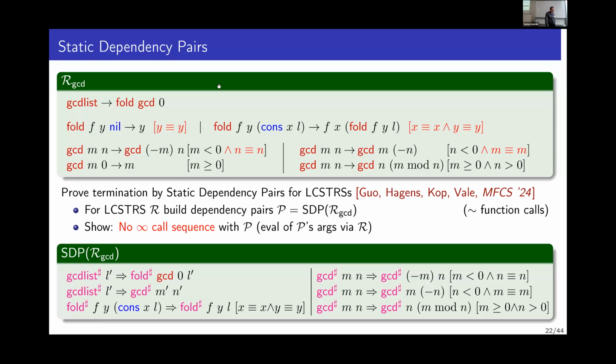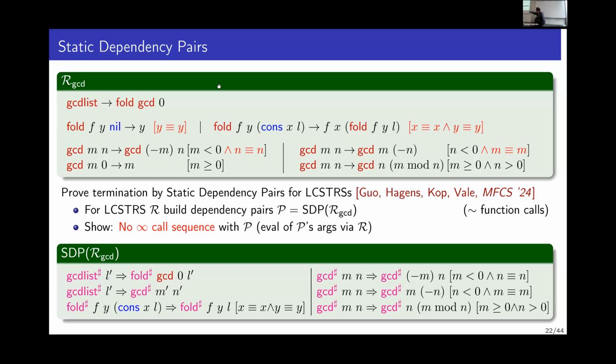The corresponding candidates for non-termination, labeled here in magenta with a sharp symbol, are: GCD list may call fold, and that may happen infinitely often. So GCD list calls fold, and GCD down here does not get the hash symbol because this is just for terminating applications of GCD.